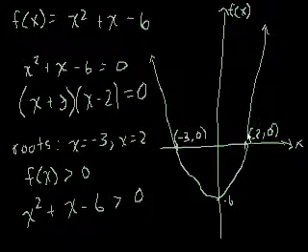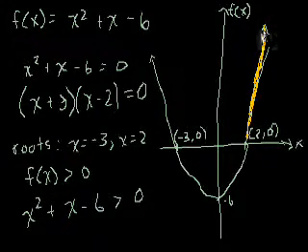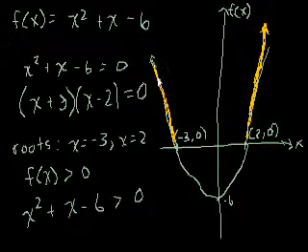Well, if we look at the graph, when is f of x greater than 0? Well, this is the f of x axis. And when are we in positive territory? Well, f of x is greater than 0 here. Let me draw that in another color. It is greater than 0 here, right? Because it's above the x-axis. And f of x is greater than 0 here. So just visually looking at it, what x values make this true?